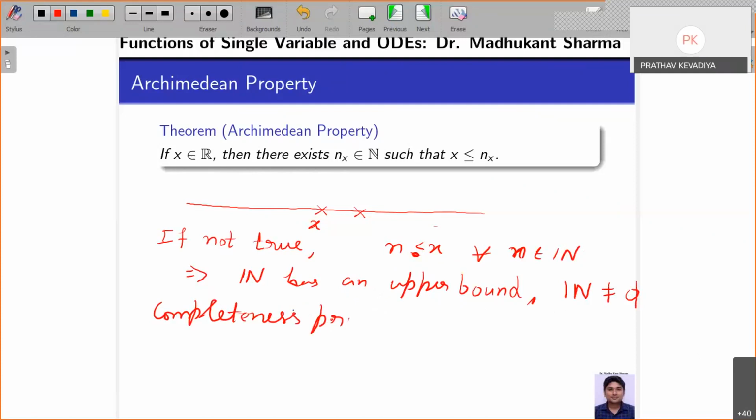Sir, if not true, here you are trying to say that there does not exist any natural number which is sitting on the right, on the left of it. Sir, but we would have the least greatest value of something, of any x.